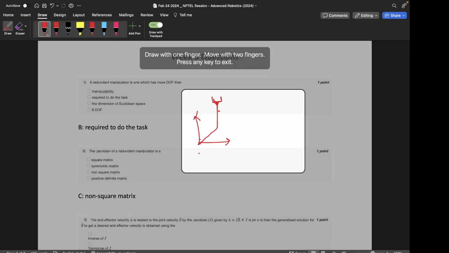So it can reach here easily when there are no obstacles.